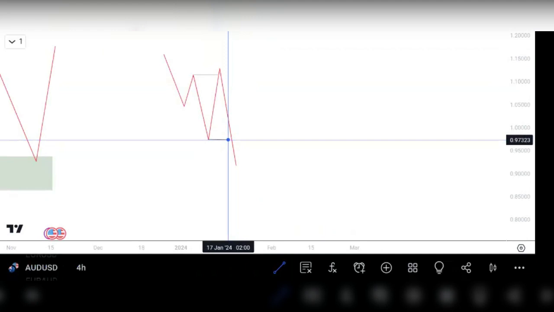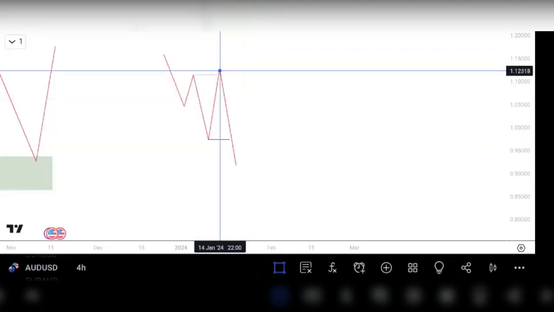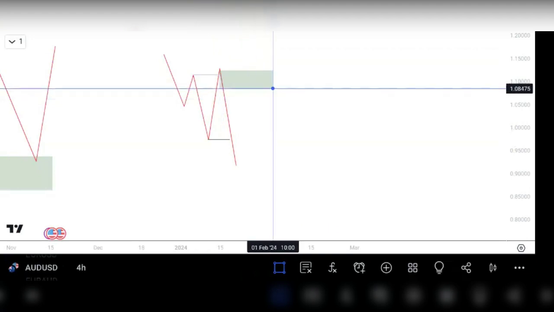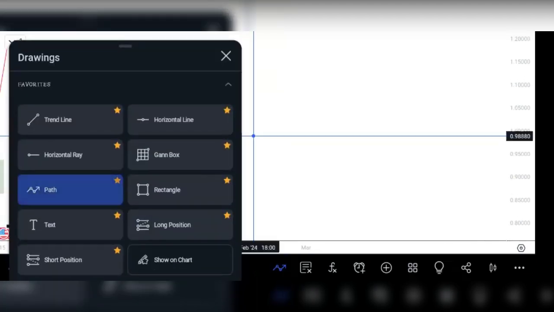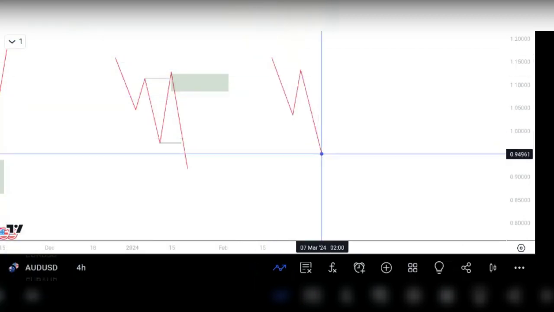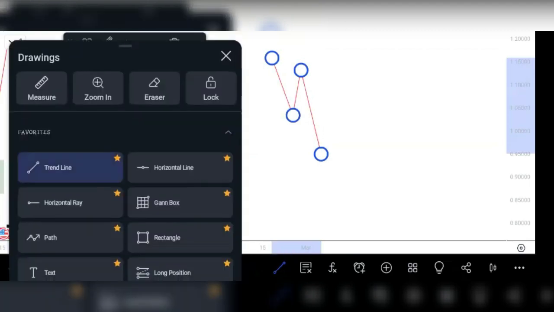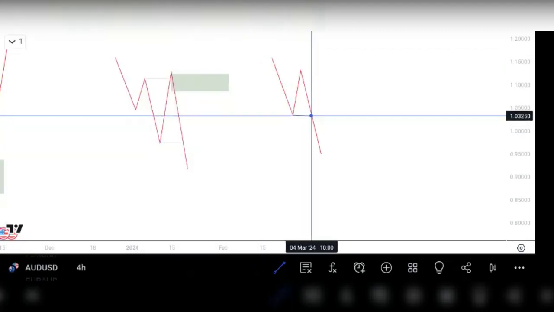Let's say I want to have two downtrend scenarios. Then we have the other one formed like this. Now, we can see that this actually broke structure to the downside. This also broke structure to the downside.